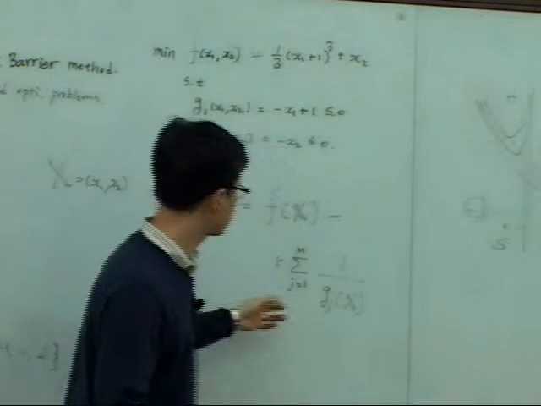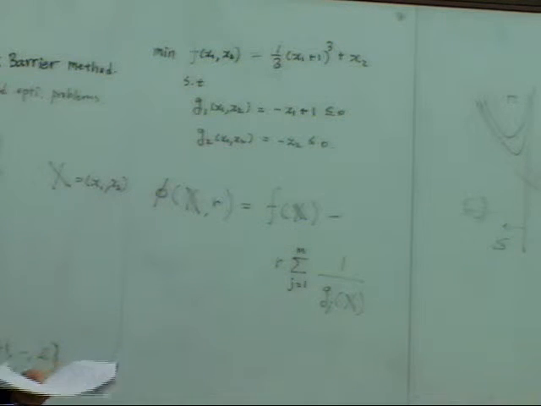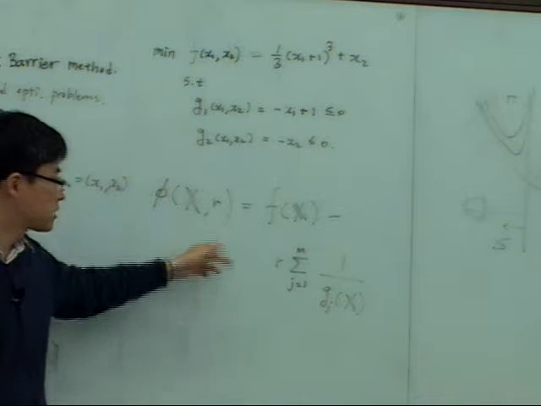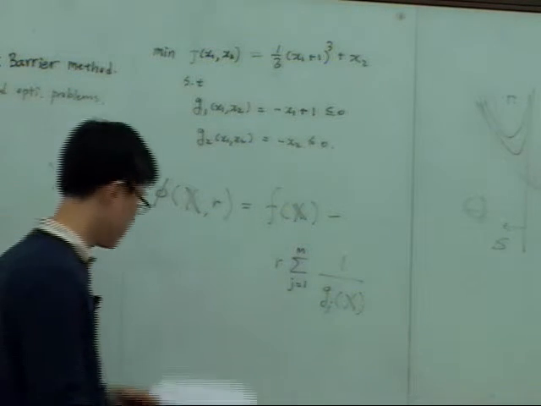Okay? So that is the definition of our phi function. Once you change your objective function in this form, then you don't have to consider constrained optimization anymore.